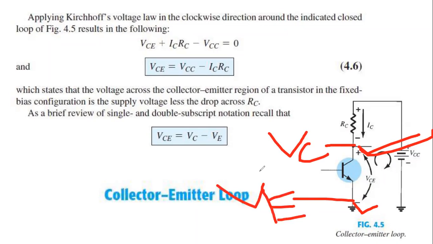From here you can see that the emitter voltage is 0 because the emitter is connected with the ground. So VCE will be equal to VC.